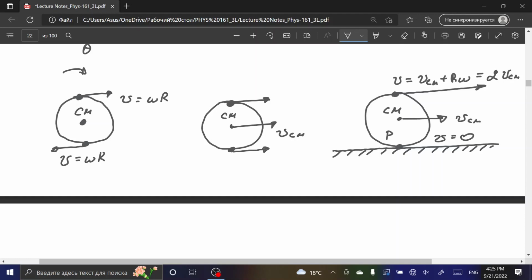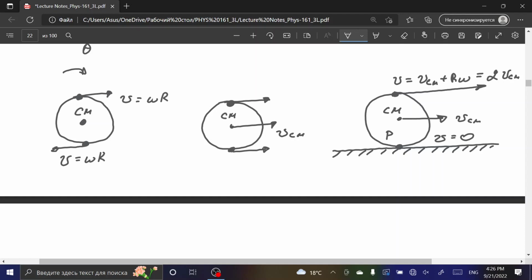Keep in mind here that this point P is not the same point, because as the object is rolling, this point will change as new points come. But in every moment of time, we consider that point of the rigid object which is in contact with the surface. So now, if we consider that some axis goes through this point P, and this object rotates about this axis, the velocity of this point P will be 0 because the axis goes through it.